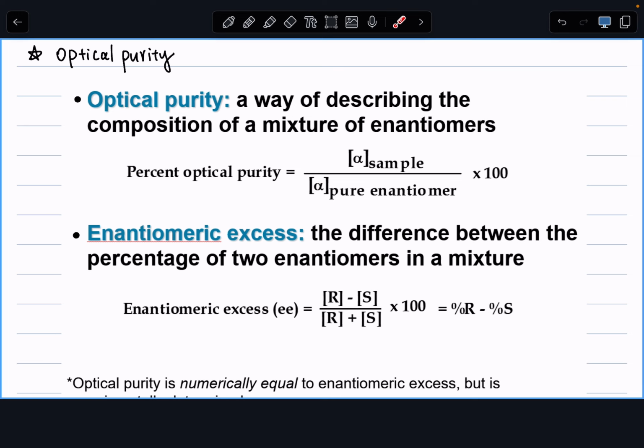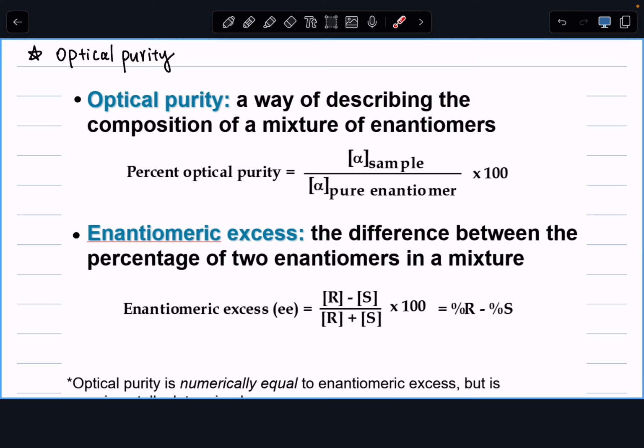So again, this one is parallel, right? If you have 100% plus, we're tilting to the right, so the 100% plus. But now instead of 100% plus, we're tilting it only to 80%. That tells me my sample doesn't contain 100% of that pure enantiomer.